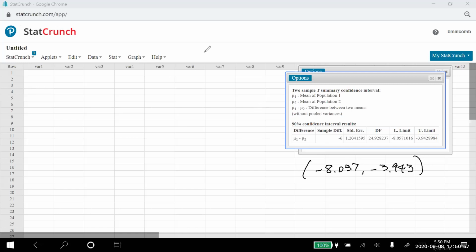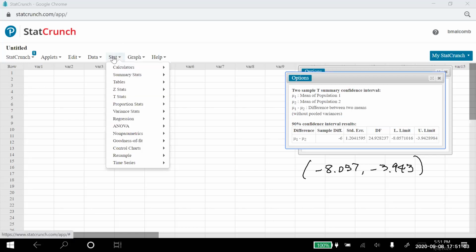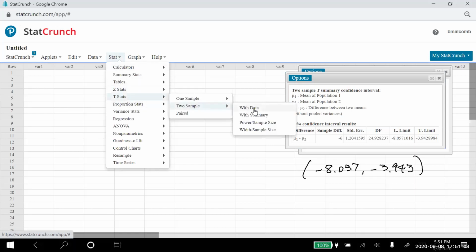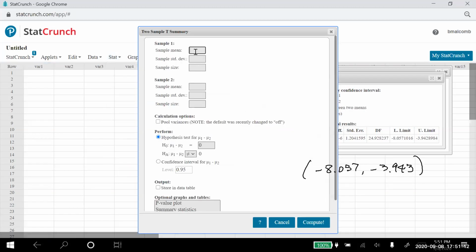I'm running it again because I'm not comfortable with that number at all. So let's try this again. Stat, T Statistics, 2 samples with summary. All right, 14, 220. Oh, that's not a 14, that's a 10.